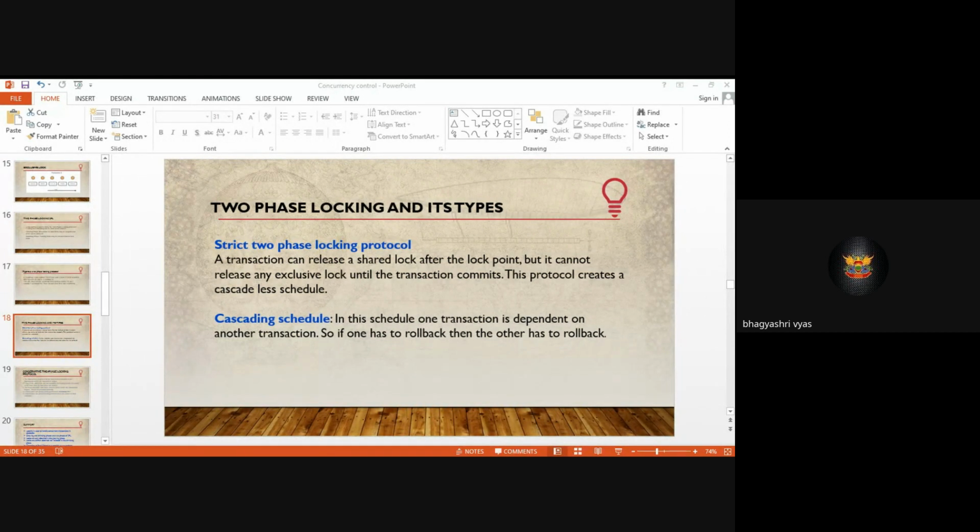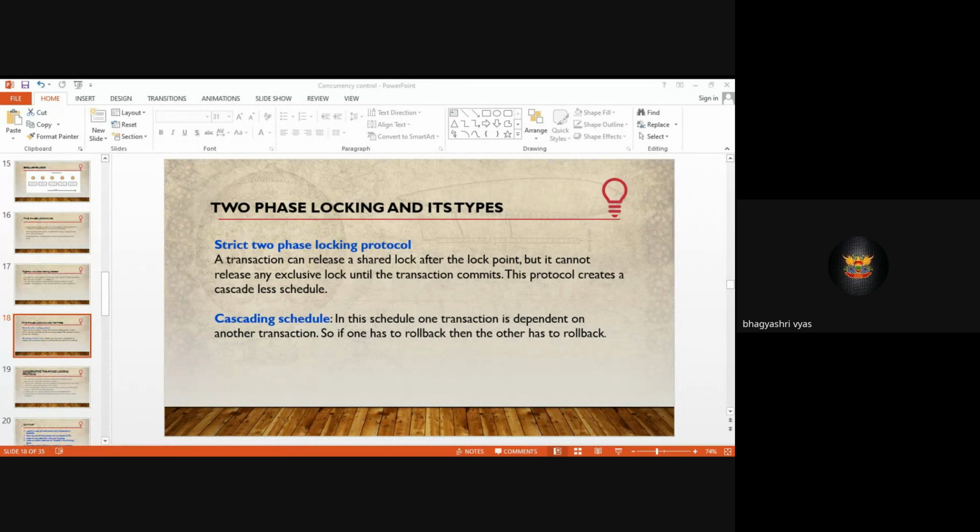There is only one difference: two phase locking releases a lock after using it, whereas strict two phase locking holds all the locks until the commit point, and releases all the locks in one go when the process is over. So only when the whole process is over, then it releases the locks.